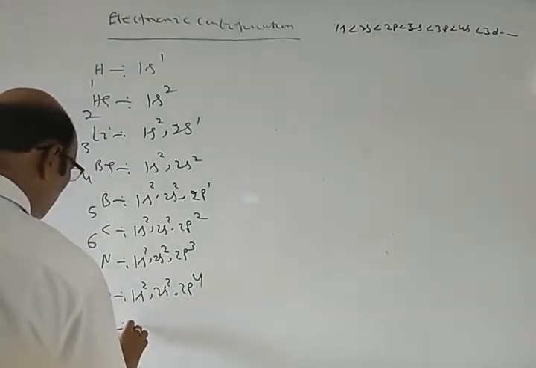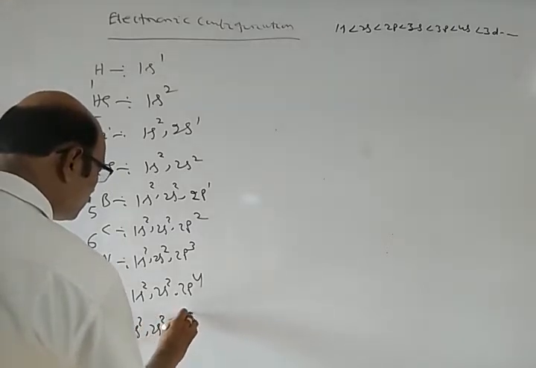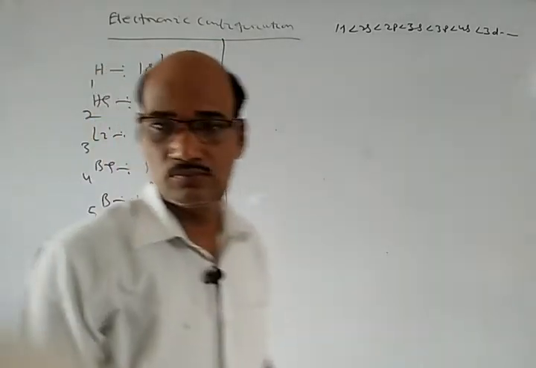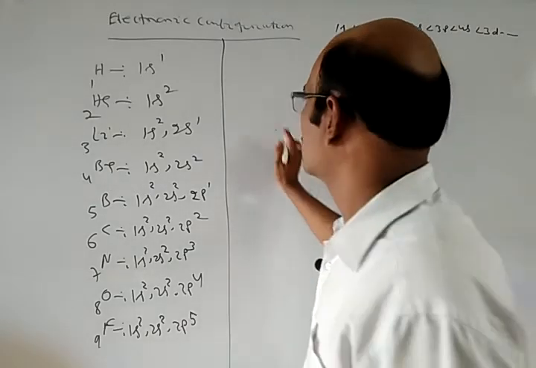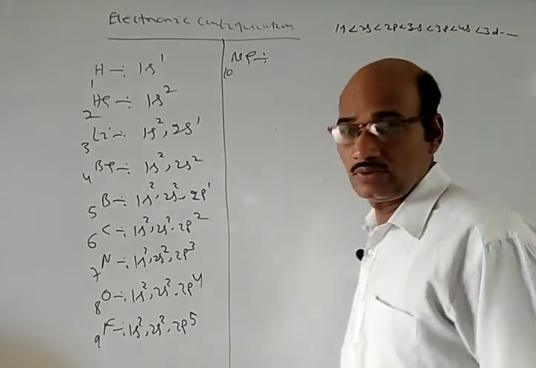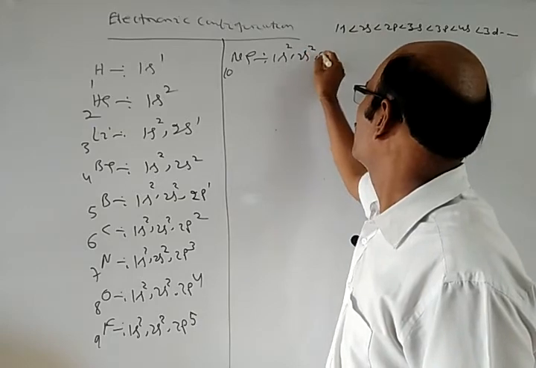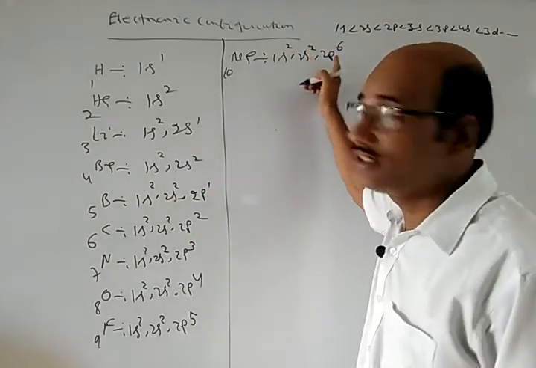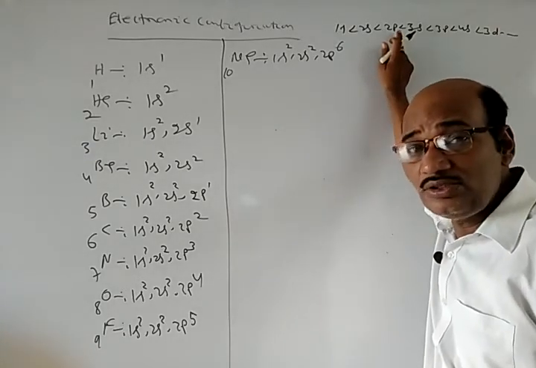Fluorine 9, 1s2, 2s2, 2p5. Then neon 10: 1s2, 2s2, 2p6. 2, 4, 6 is 10. Now p contains 6 electrons.